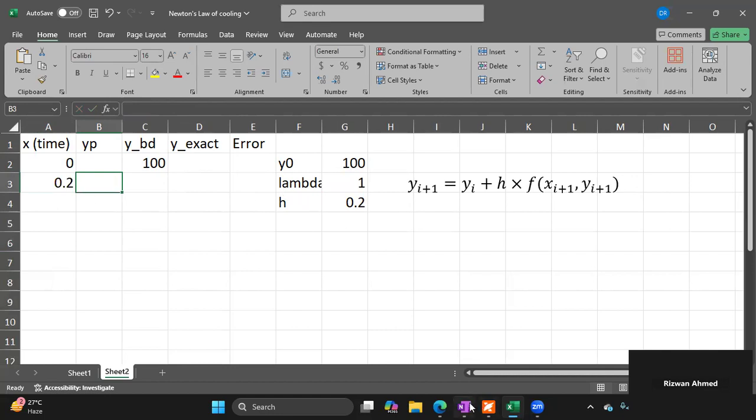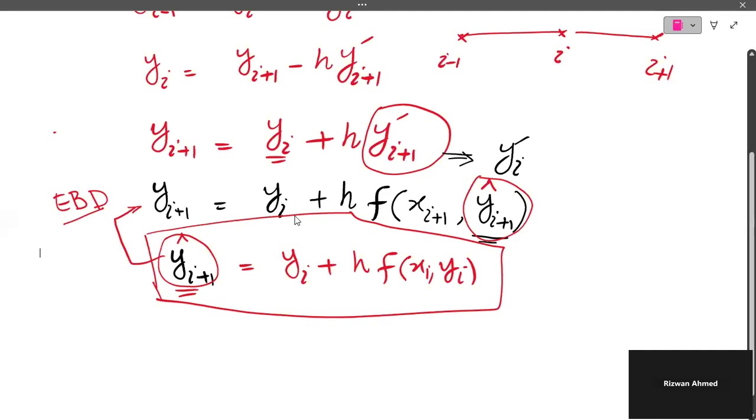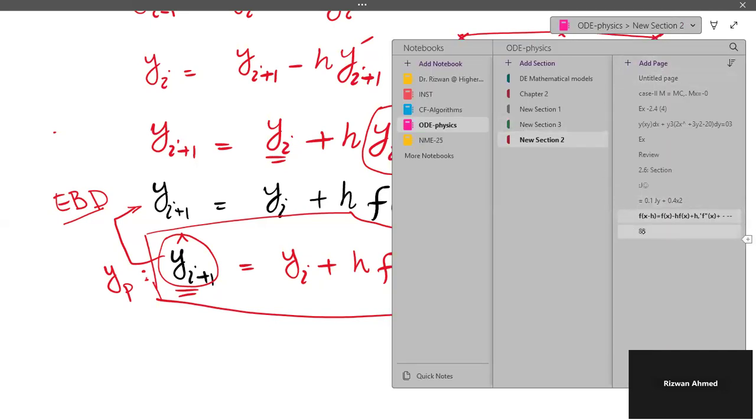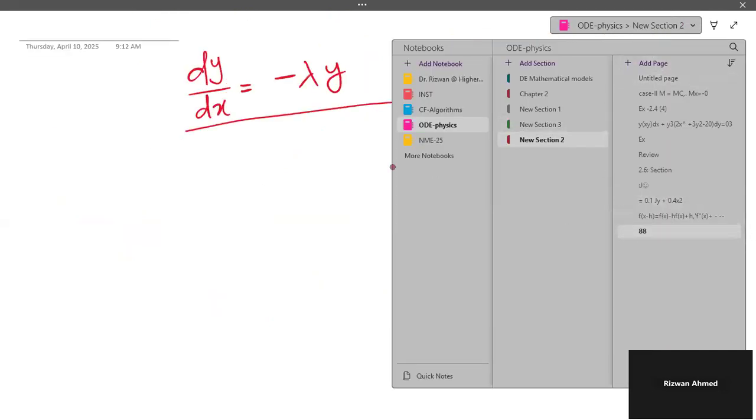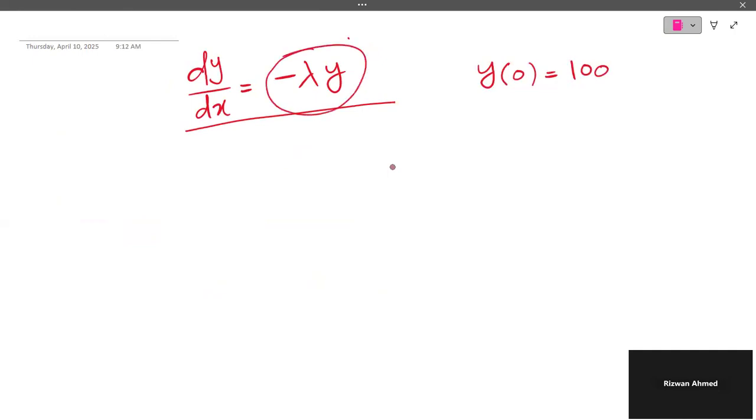The value for y hat, I wrote as yp in my algorithm. It is the predicted value for y_{i+1}, the value at the next step, so it is y_i plus h times f of x_i, y_i. In our case, this is equal to the right hand side, which is minus lambda times y.